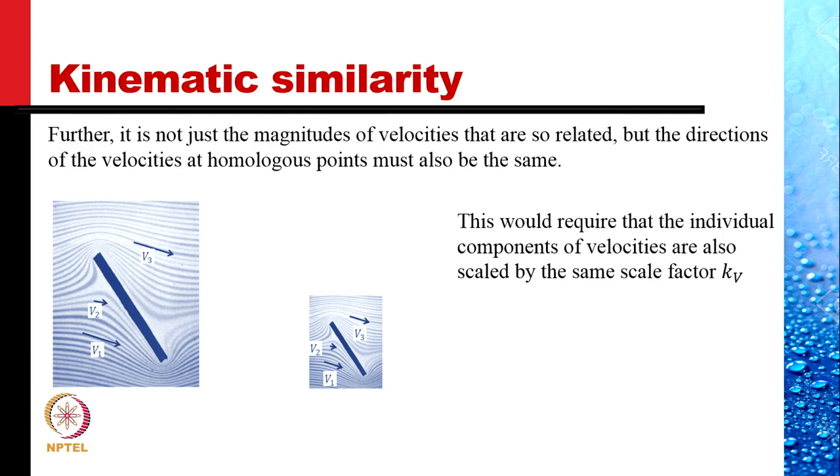scale factor Kv. Thus, the horizontal velocity component u1p for the prototype divided by u1m for the model is equal to the vertical velocity v1p for the prototype divided by v1m for the model, both being equal to Kv, which was the ratio of the velocity V1 for the prototype divided by V1 for the model.